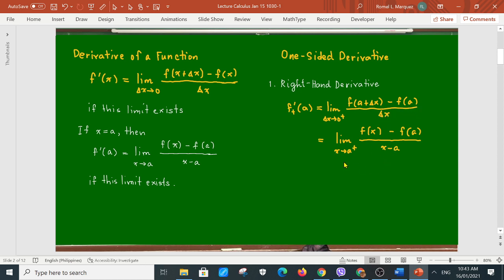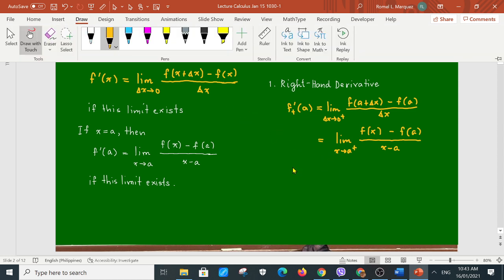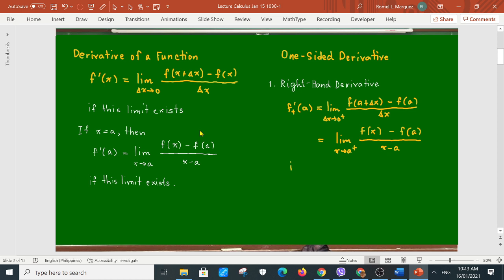Or alternatively, this one. So, if this limit exists.